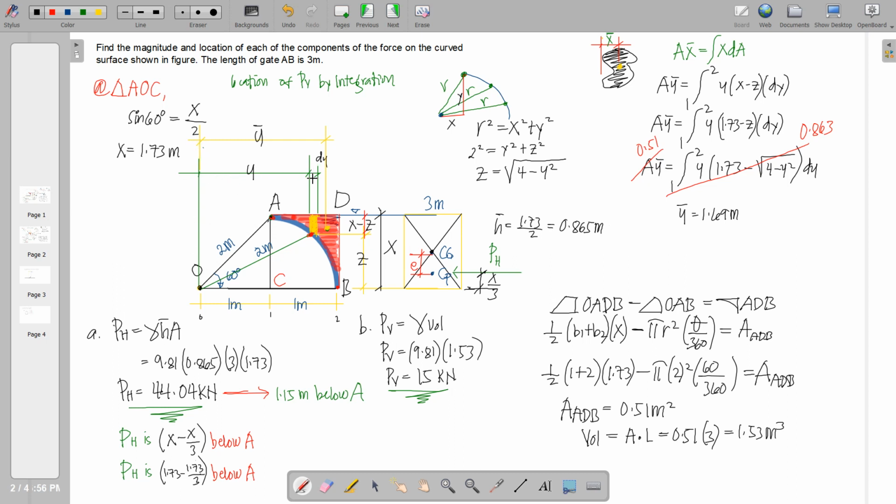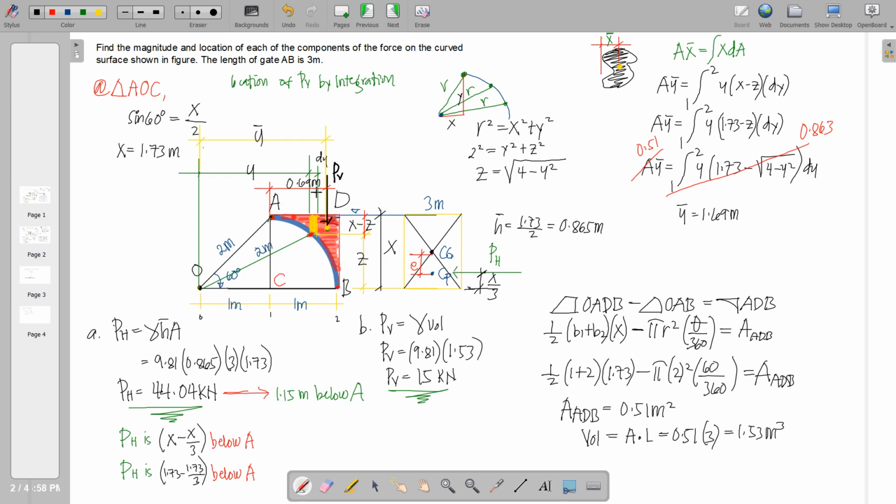So if we are concerned with the distance of PV to that of point A, we just have to subtract 1 meter. So y bar minus 1 meter is the distance of our PV. If this should be our PV, from point A it will be 0.69 meters plus 1, that is y bar actually.